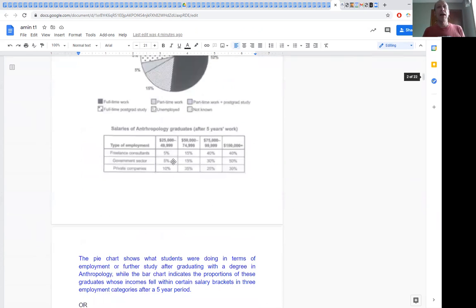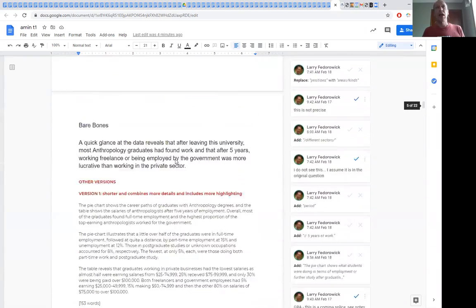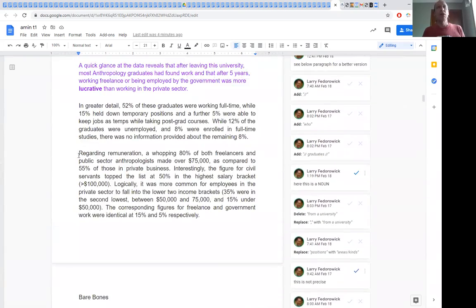So anyway, let's go down and take a look at the details there. So regarding remuneration, which means getting paid for your work, a whopping 80% of both freelancers and public sector anthropologists made over 75,000, as compared to 55% of those in private business.